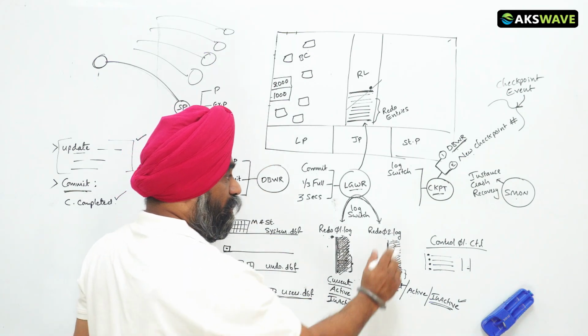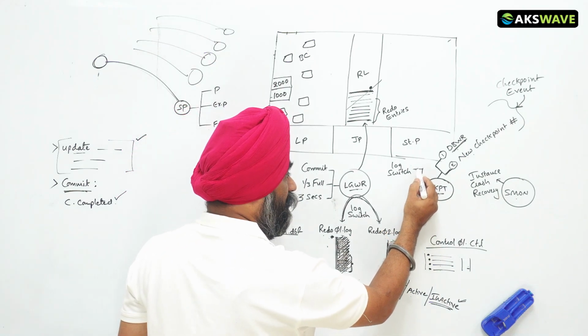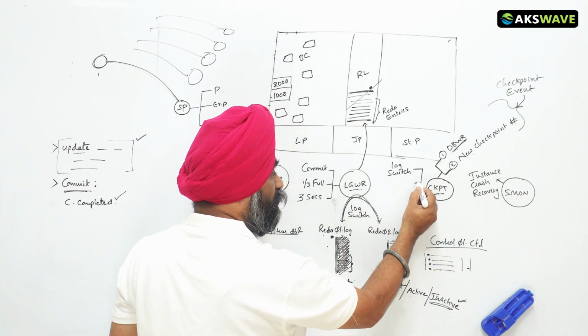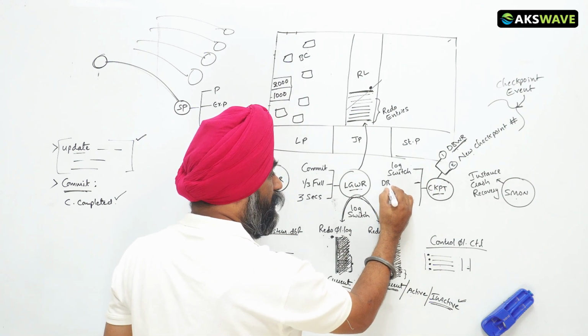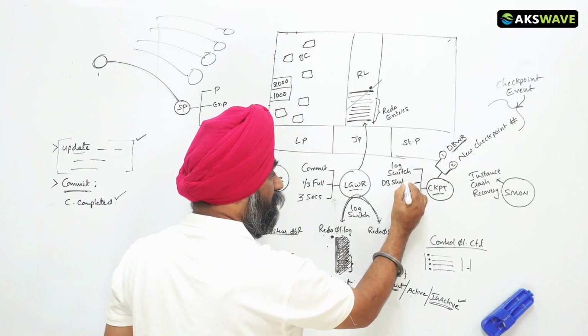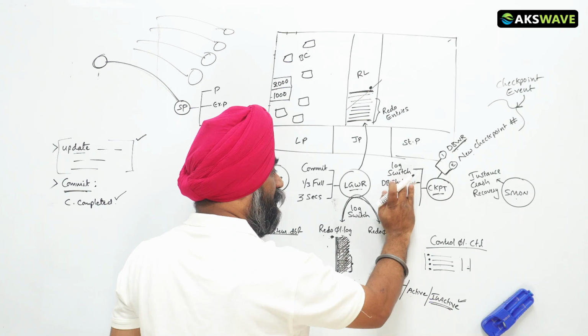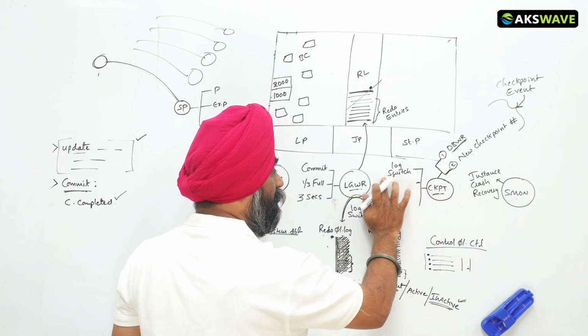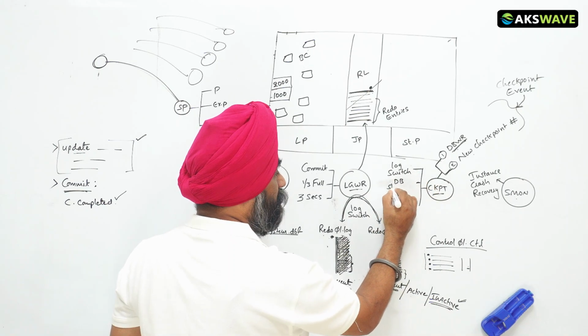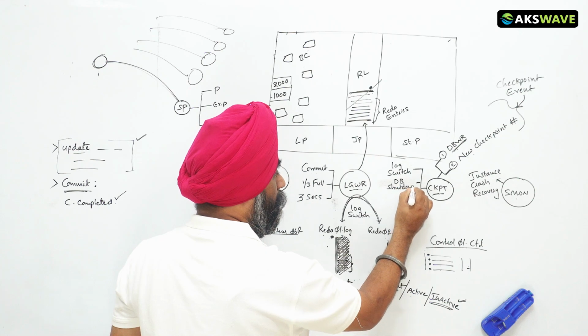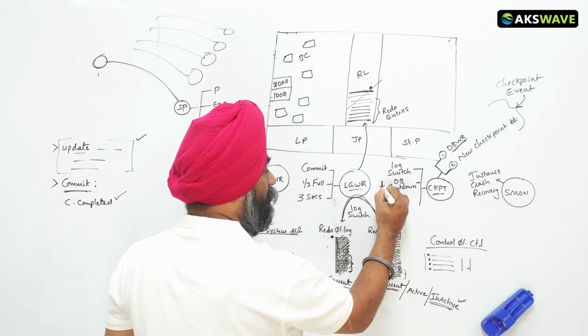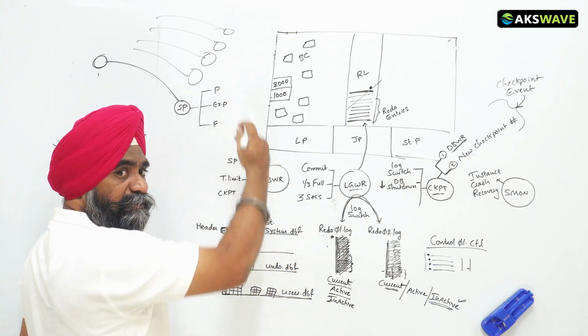So when else does a checkpoint occur? Checkpoint is also invoked whenever you shut down your database. I'll just write it here. Database shutdown. When you do a database shutdown, you're closing the instance.